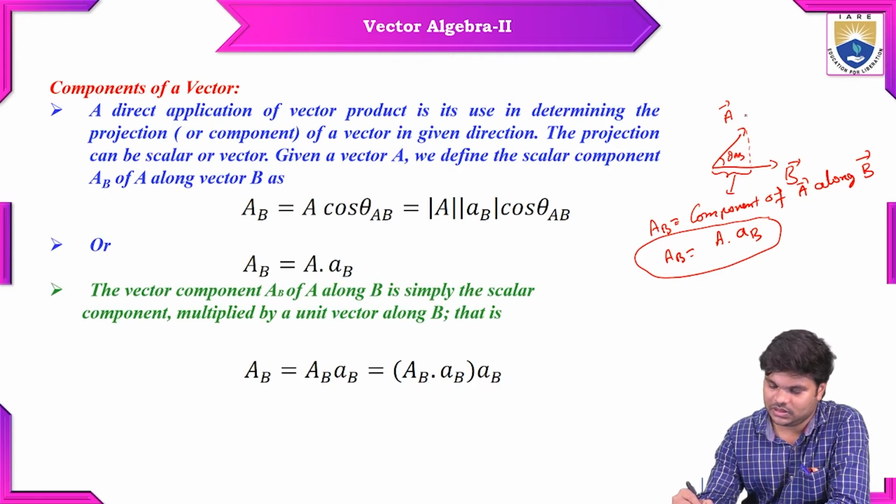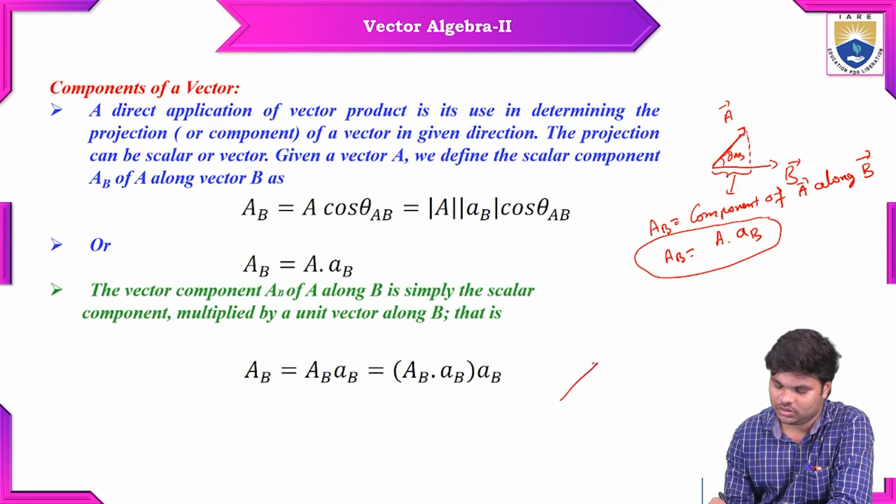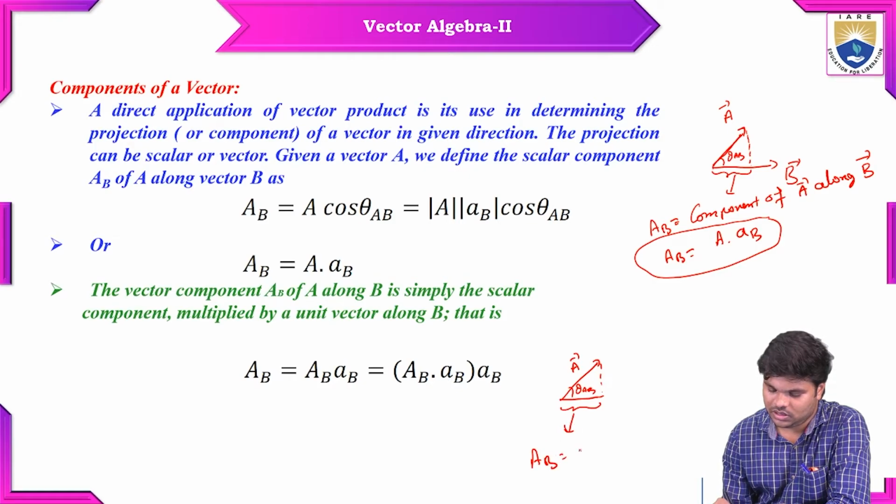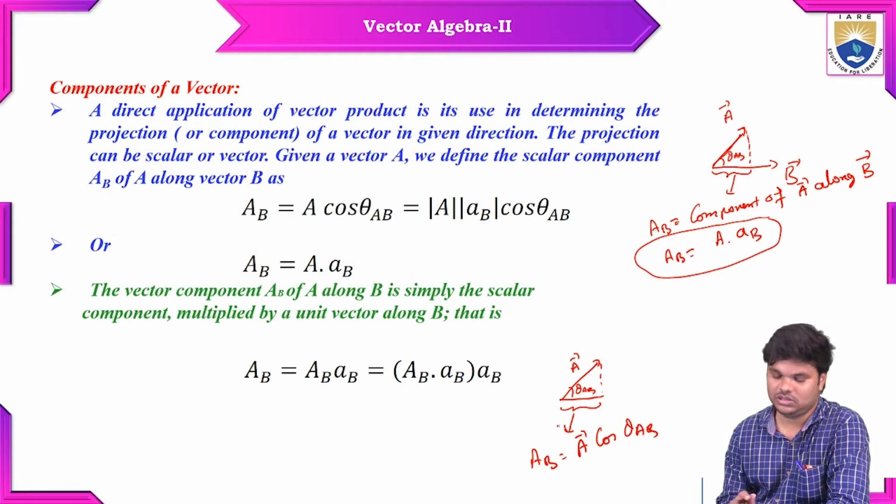See, this is a right angle triangle. This A, this projection, and this component. And this is A bar and this is theta AB. And this component A_B is nothing but A bar into cos of theta AB. This is the component of vector A along B. A bar cos of theta AB.